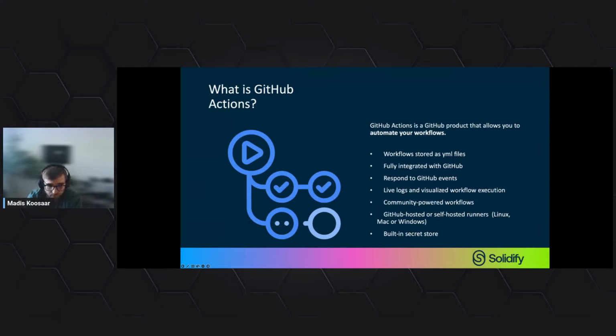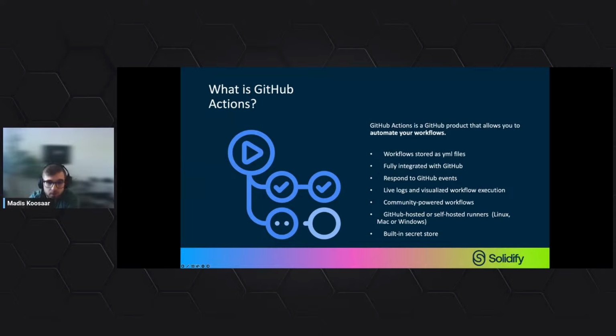So that being said, actions are used to automate your workflows, and the workflows are stored as YAML files, which is really good because we want everything in the development process to be stored within our code repository. So actions are fully integrated with GitHub, and workflows can actually respond to different GitHub events, as I already stated.